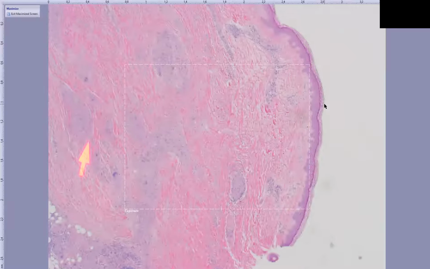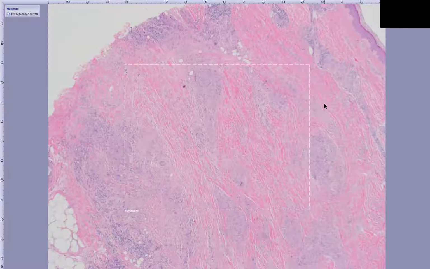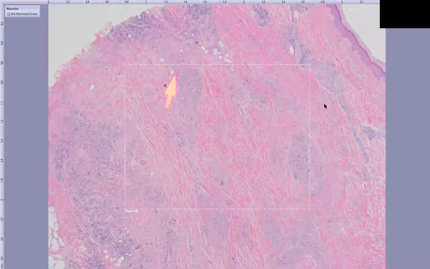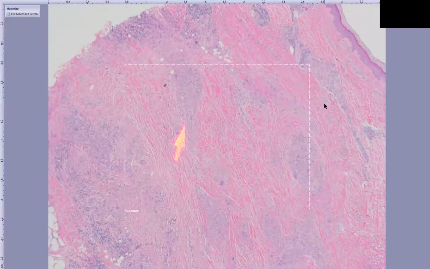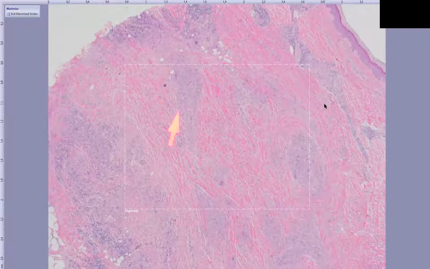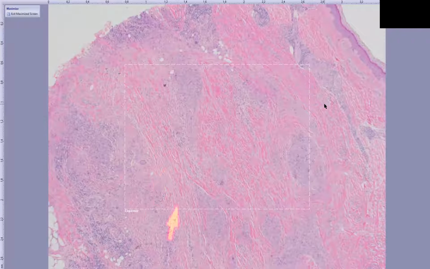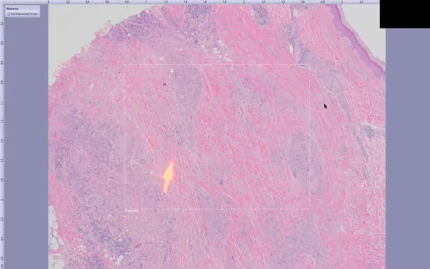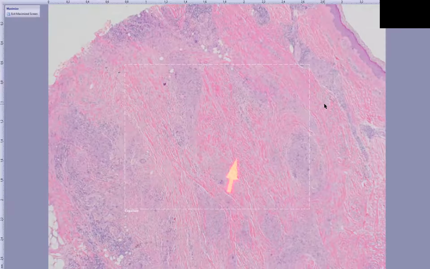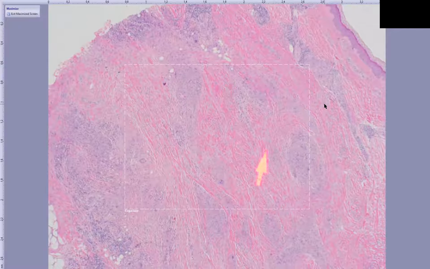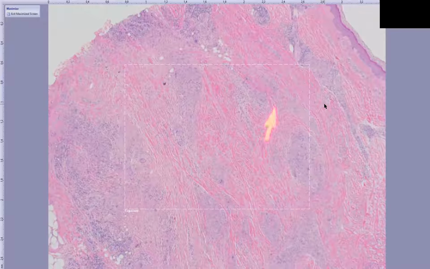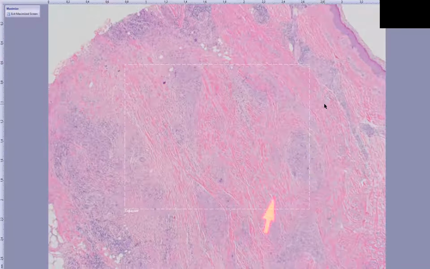So if you think of a cake and the layers, what you will appreciate with necrobiosis lipoidica is you'll have zones that'll look quite cellular because they are comprised of histiocytes, epithelioid histiocytes, and other zones that are relatively paucicellular. And they have kind of a fuzziness to the collagen because those are zones of collagen degeneration. And they kind of alternate between zones of cellularity, comprised of epithelioid histiocytes, and zones of relative paucity of inflammation with collagen degeneration.